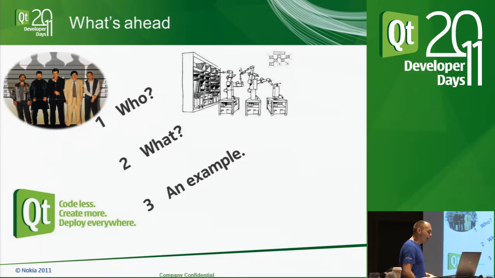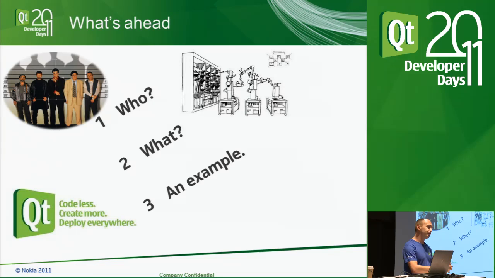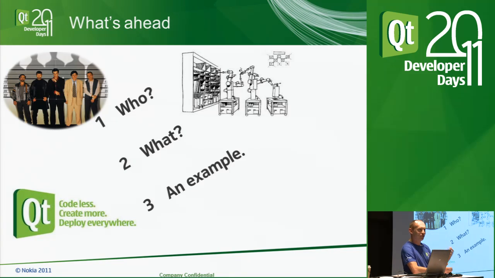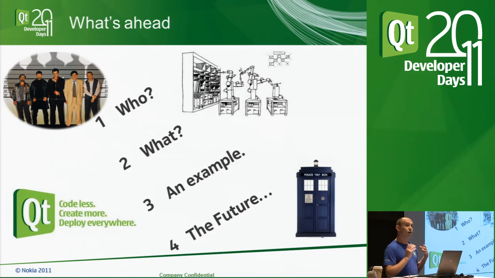Should be fun. After that, I'll do a quick example that will prove, conclusively, I hope, that within about 20 minutes, you can put together an incredibly contrived, yet hopefully convincing 3D application which will show the capabilities that we've currently got there, at least in a small degree. And finally, we're going to be jumping forward into the future. We're going to be looking at where Qt 3D is going. And you might notice, by the way, that I'm using the terms Qt 3D and Qt Quick 3D quite interchangeably.